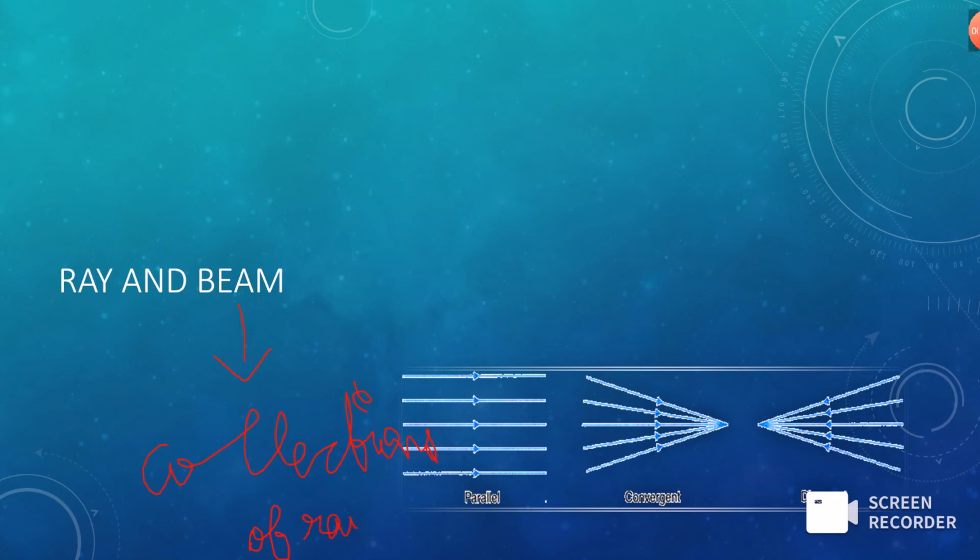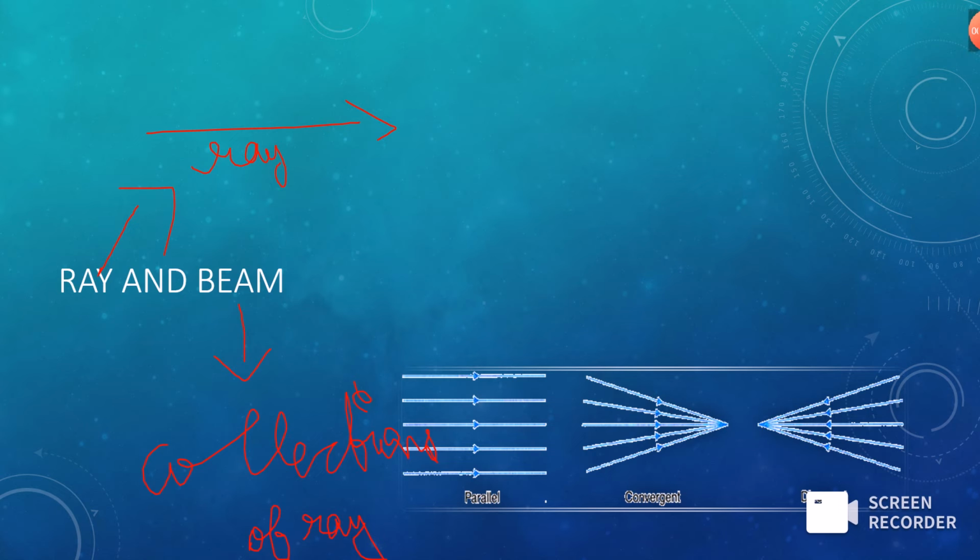So what is a ray? The path along which the light energy travels in a given direction is called a ray of light, and it is shown by a straight line. So this is a ray.